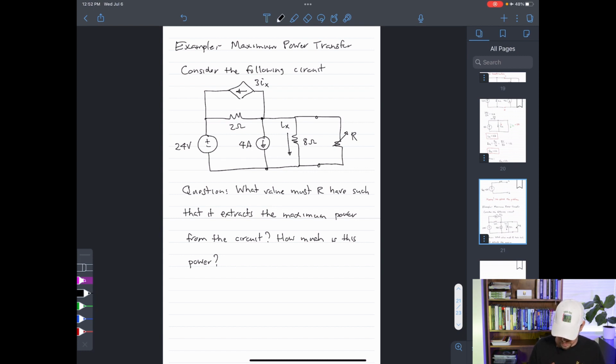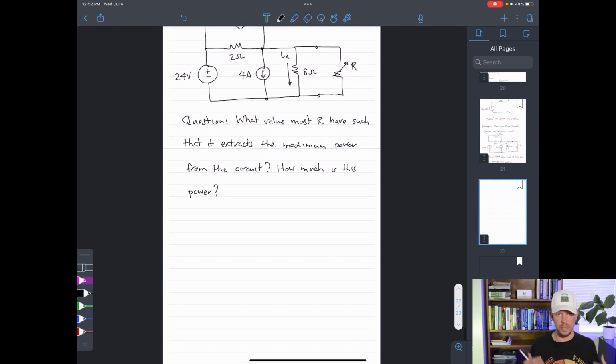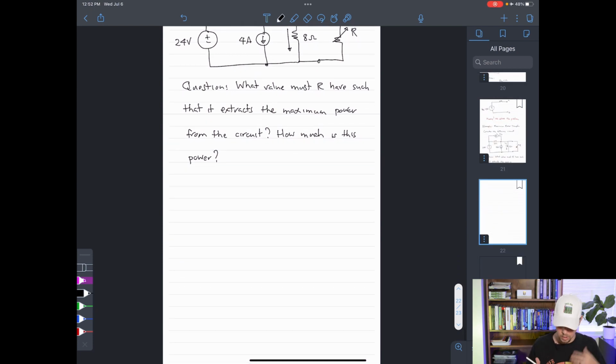Now, one of the things that we did previously is we analyzed this problem from the Thevenin equivalent point of view. Remember, max power occurs or is drawn when the value of R is equal to the Thevenin resistance of the entire circuit to the left of the load resistor.